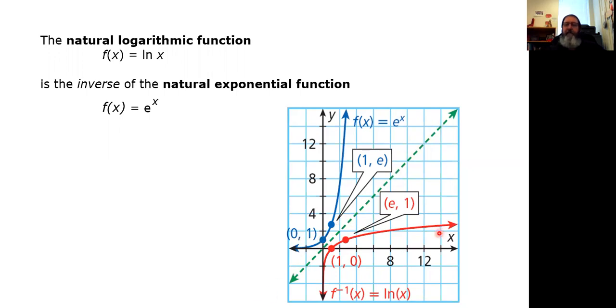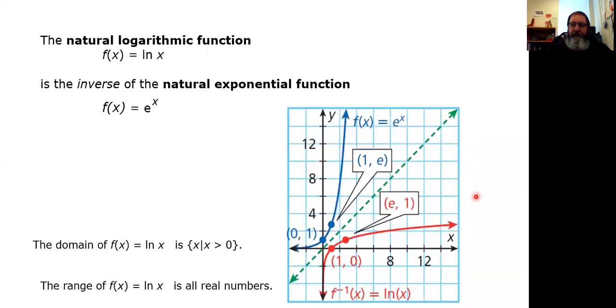So when we're talking about inverses, we don't reflect across the x-axis. We don't reflect across the y-axis. We reflect across this diagonal, which is the y equals x line. And so these two are inverses of one another. So just a note, and that will come up when you're working with these from time to time.